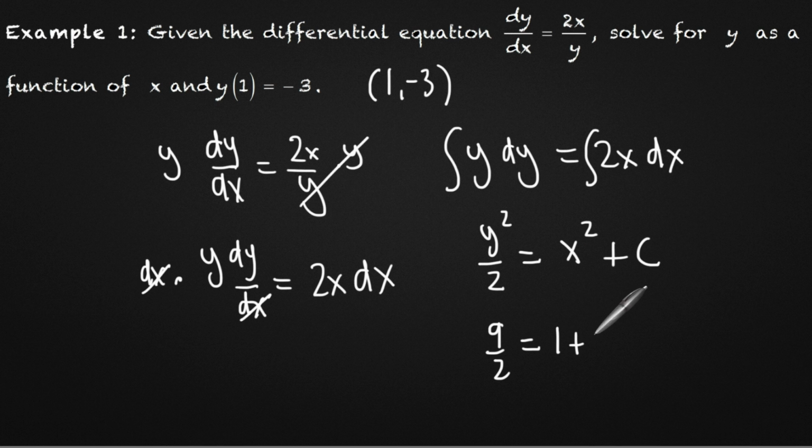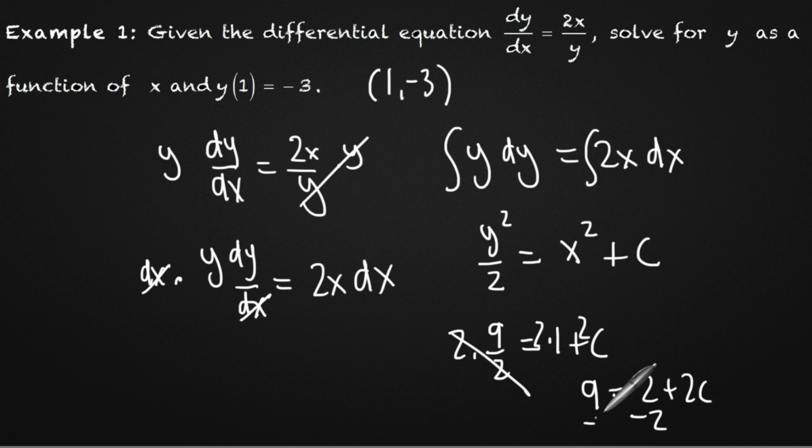and that's going to equal 1 plus c. So I can multiply everything by 2, and that's going to give me 9 equals 2 plus 2c. So subtract 2, and my c is going to end up being 7 over 2.